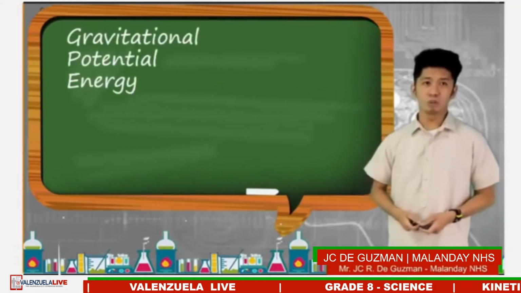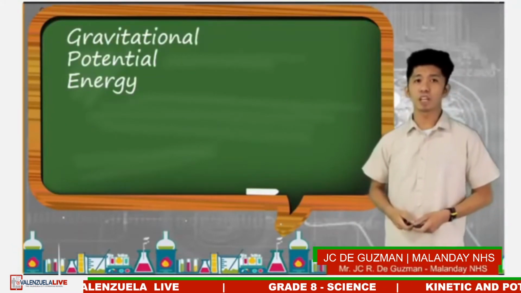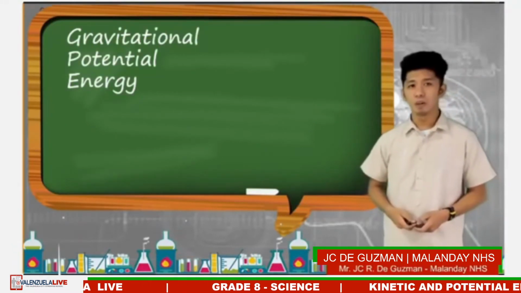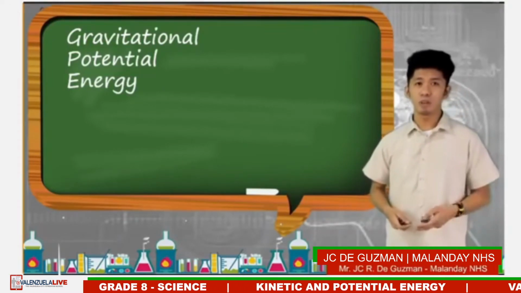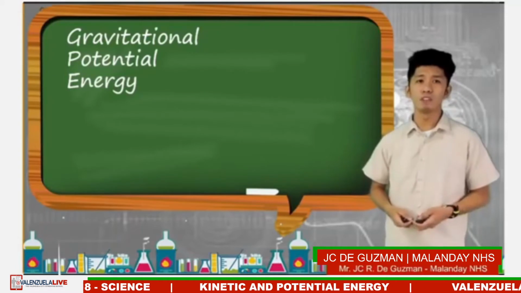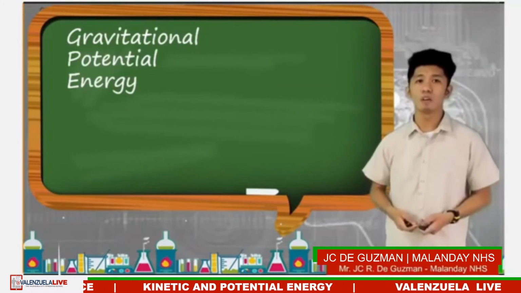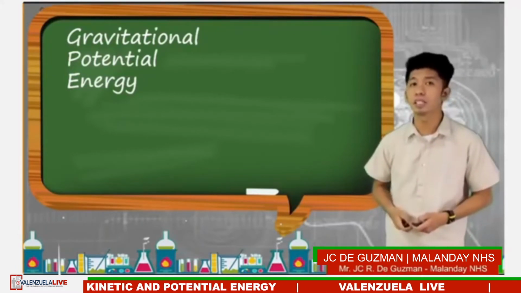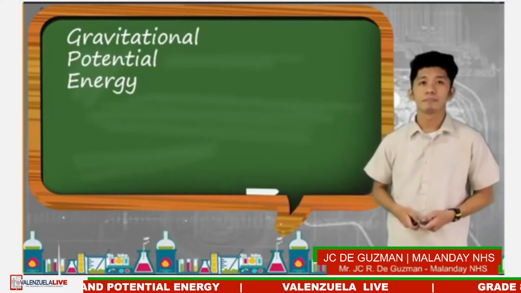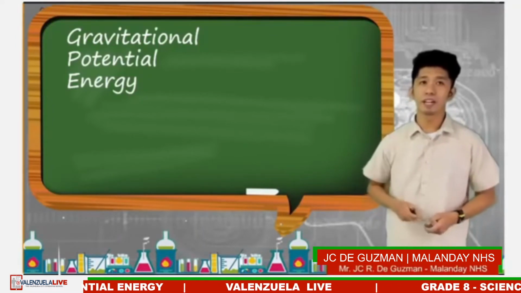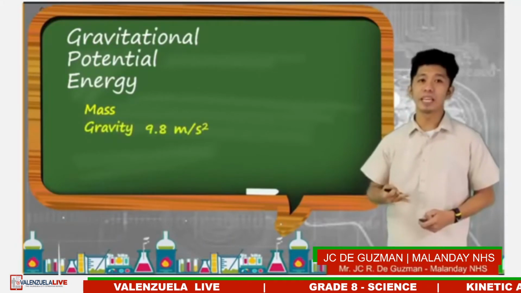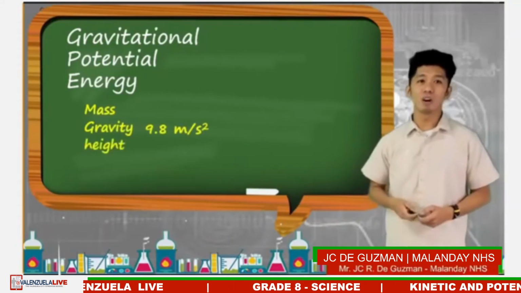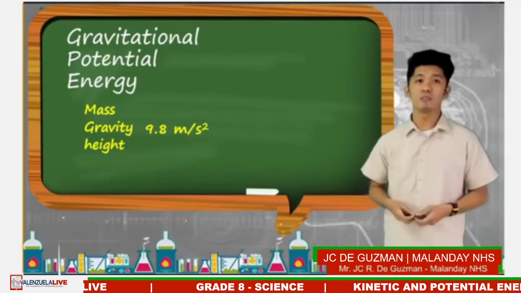Let us now proceed to the computation of the gravitational potential energy. What factors do you think are involved in the computation of gravitational potential energy? Alright, very good. So we have the mass, the gravity, and the height, or the position of the object.